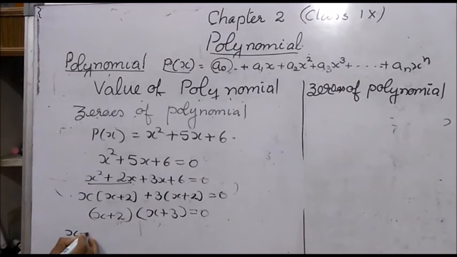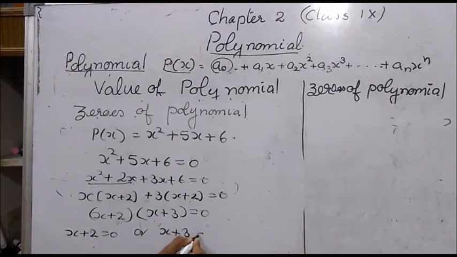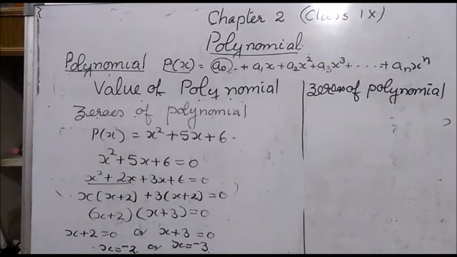That is x plus 2 equal to 0 or x plus 3 equal to 0. That is x equal to minus 2 or x equal to minus 3 are zeros of this polynomial.